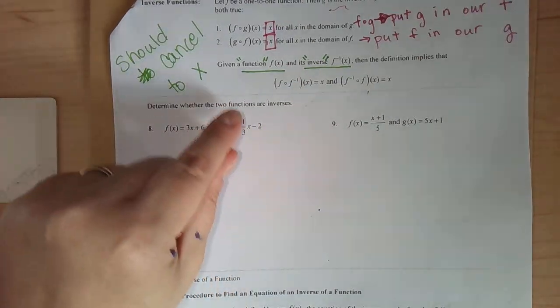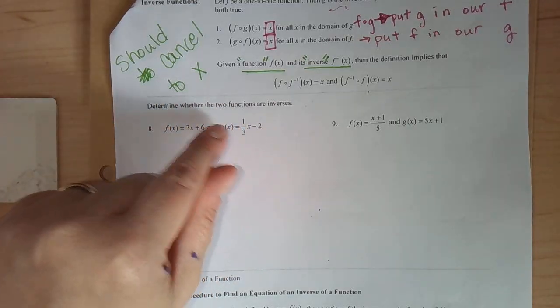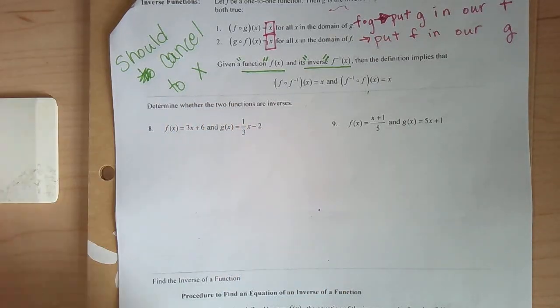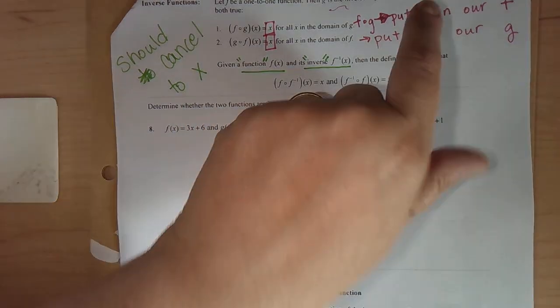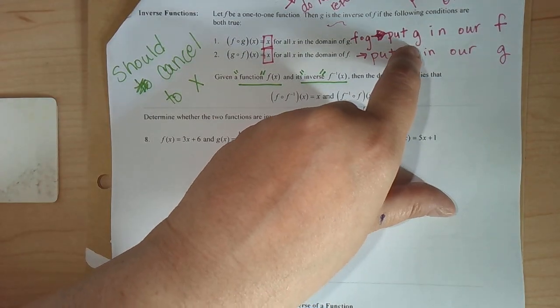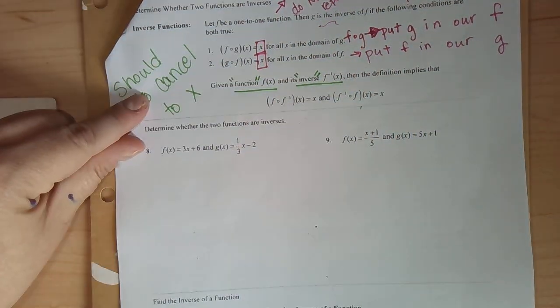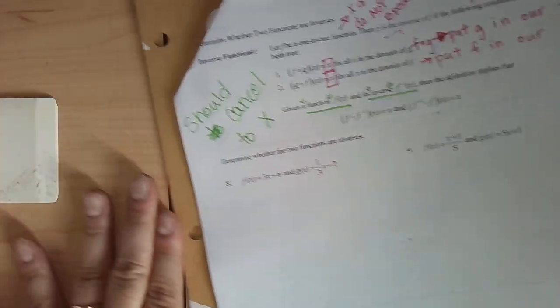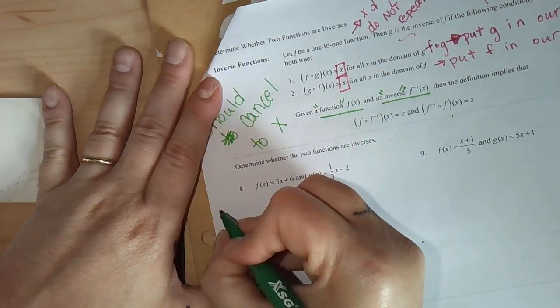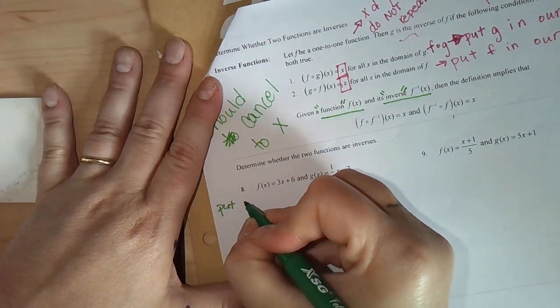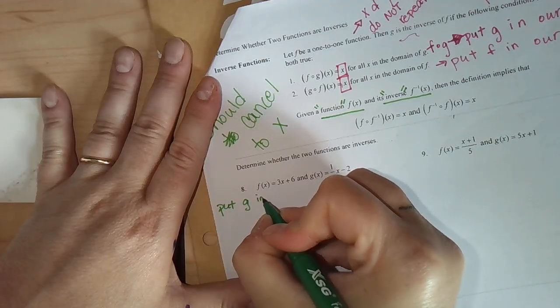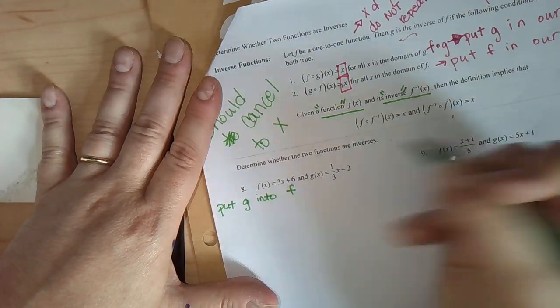Okay, well, let's look at number 8. It says determine whether the two functions are inverses. So we're just going to put one of them inside the other and then go backwards, and all the stuff should cancel to x. So let's see what happens. Let's put our g into the f.